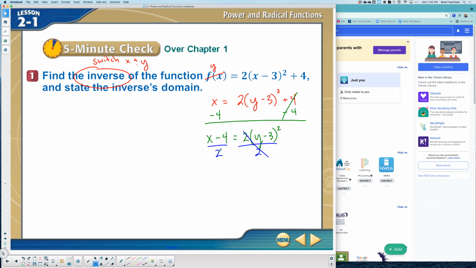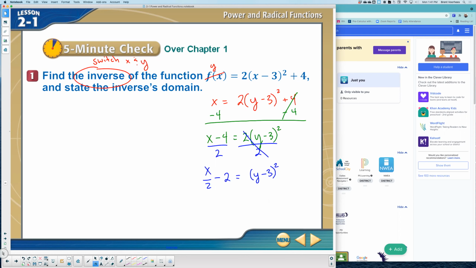No. Okay, I'm going to leave this as x divided by 2. But after the subtraction, I will simplify 4 divided by 2. What is 4 divided by 2? Yeah, so I will just distribute that division through there and simplify. And so now we're left with the quantity y minus 3 being squared.